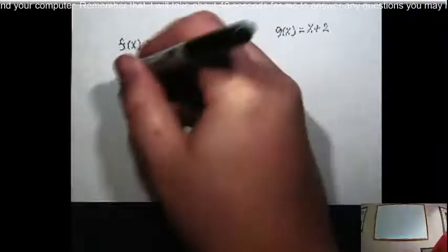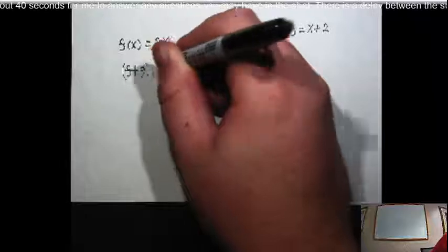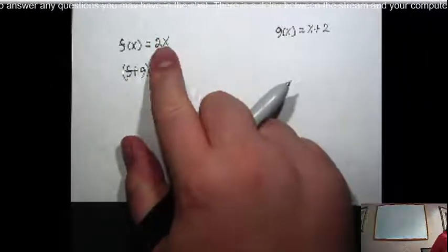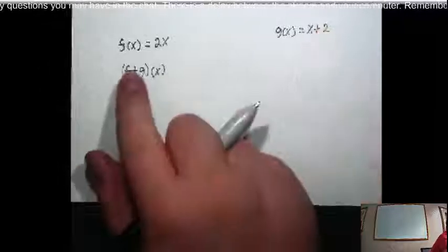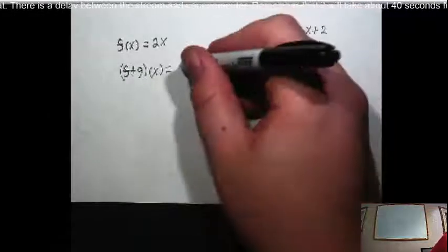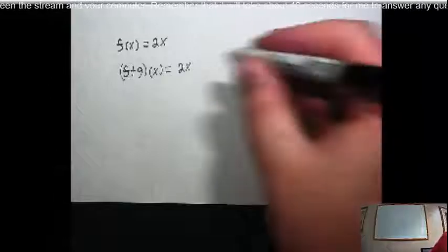And so if I wanted to do something like f plus g of x, again, really all it is, take the overall value of this and add, in this case, the overall value of this. So what's the value of this? 2x. What's the value of this? x plus 2.